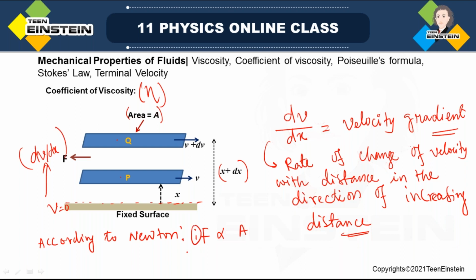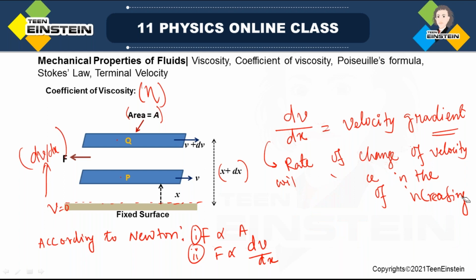This is one point, and the second point is that it is directly proportional to the velocity gradient dv/dx between the two layers. Now if we combine these two proportionalities, then I'll just remove this portion.